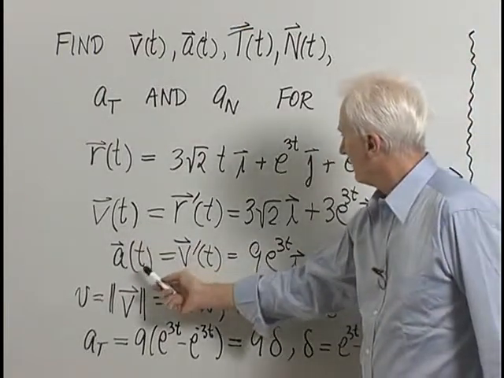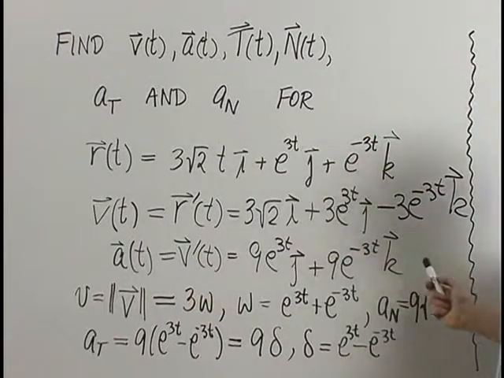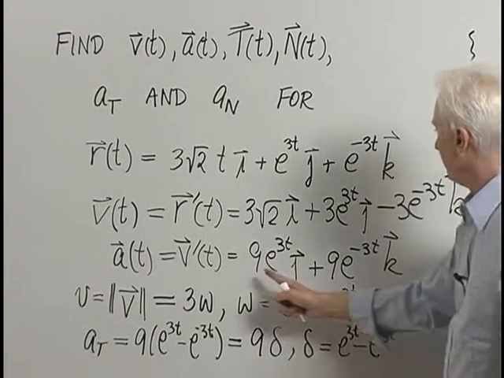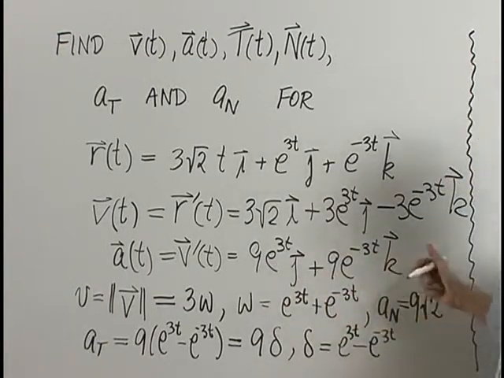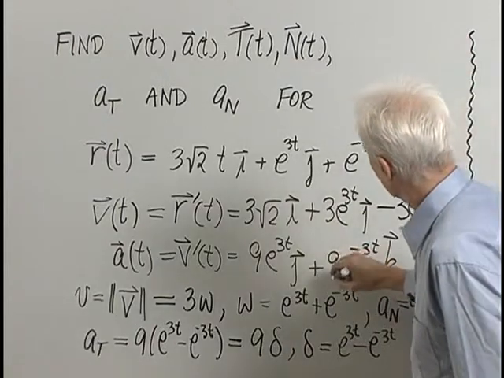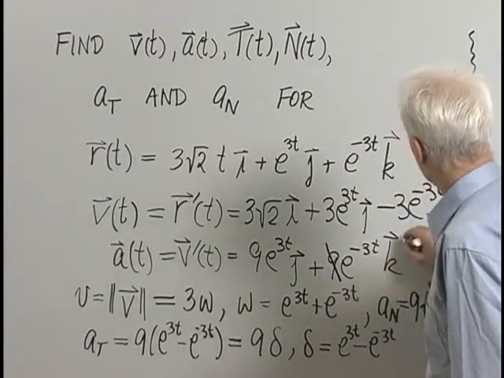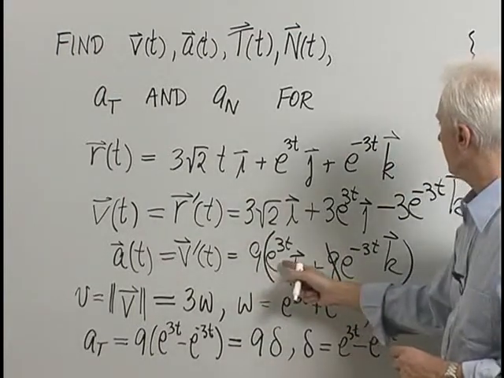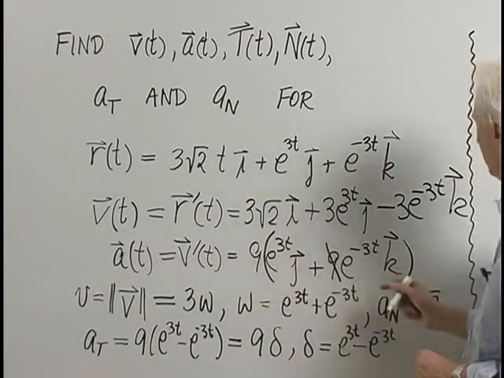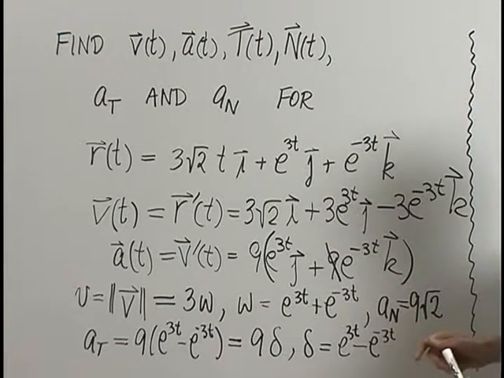We found the acceleration by differentiating the velocity. And notice here for this acceleration, we have 9 e to the 3t j plus 9 e to the negative 3t k. And so for purposes of calculation, let's factor out that 9 and write it like that. So we have 9 times e to the 3t j plus e to the negative 3t k.